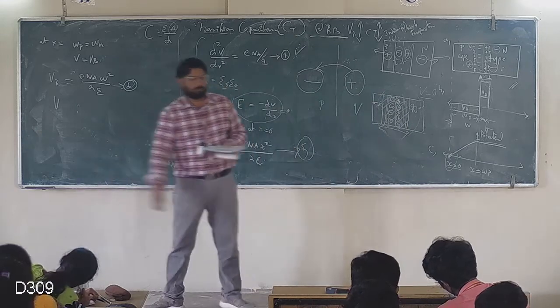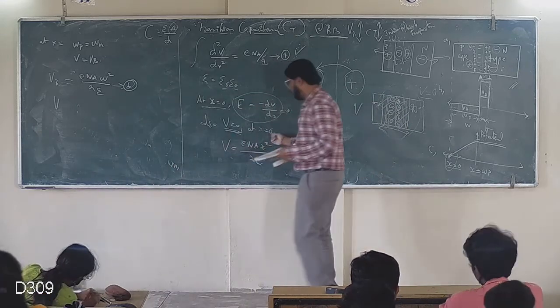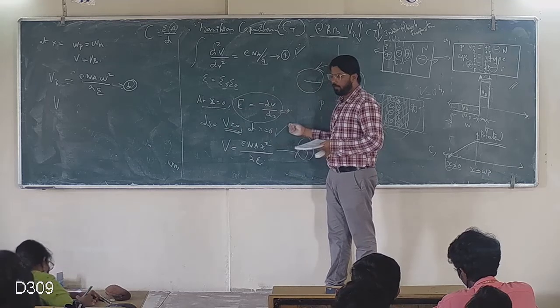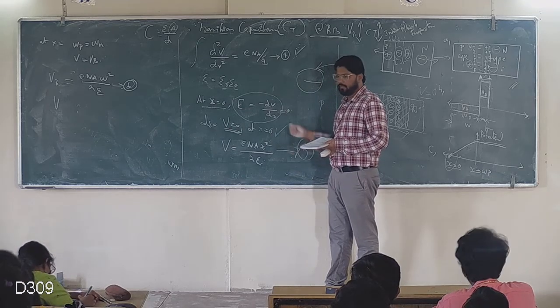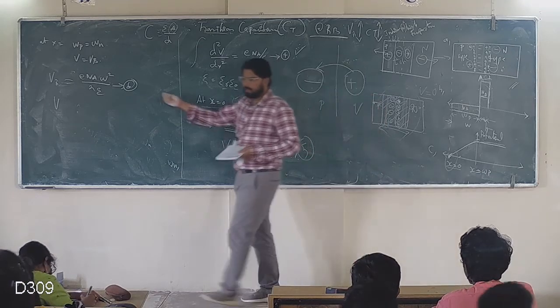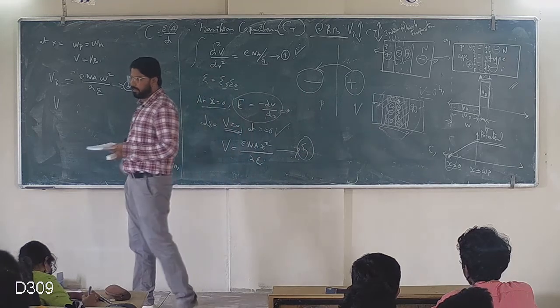Because before that we understood there is no voltage at all, right? Initially at the point equal to 0, while integrating we got V. What is VB? VB is the barrier potential. What is V? Applied voltage.